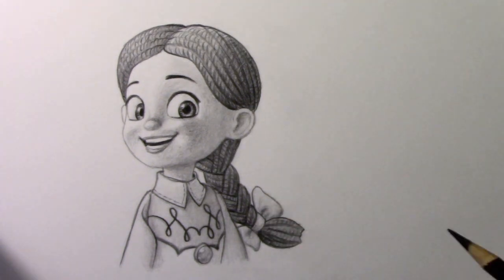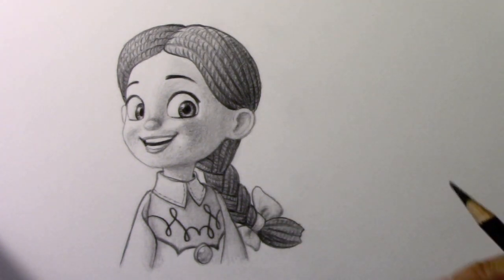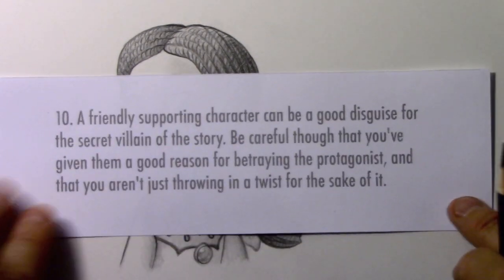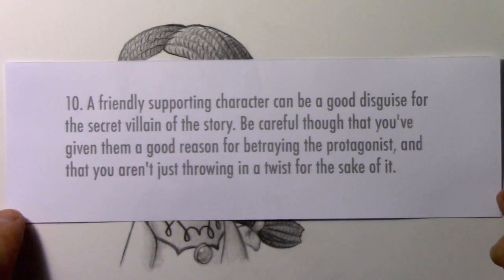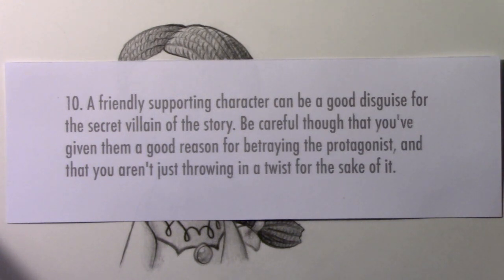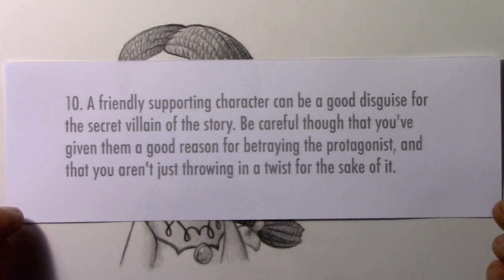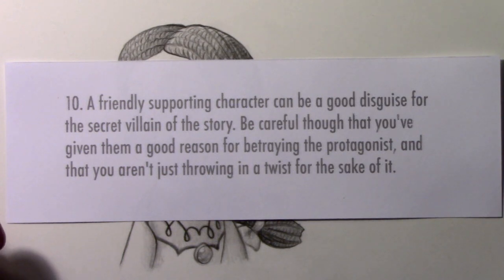And now we move on to the tenth and final piece of advice here. A friendly supporting character can be a good disguise for the secret villain of the story. Be careful, though, that you've given them a good reason for betraying the protagonist, and that you aren't just throwing in a twist for the sake of it.